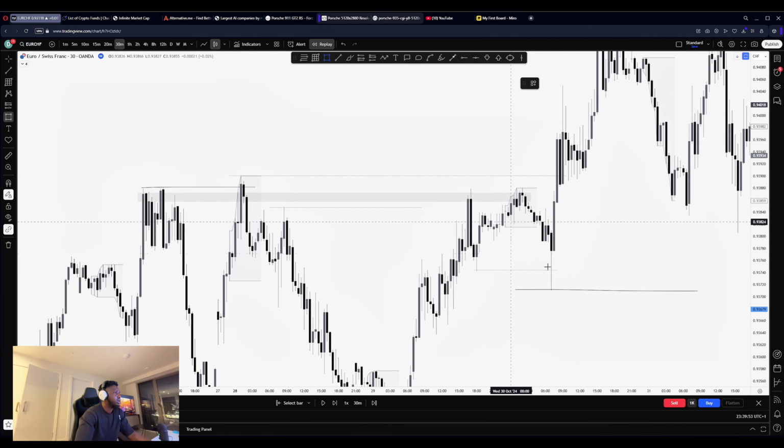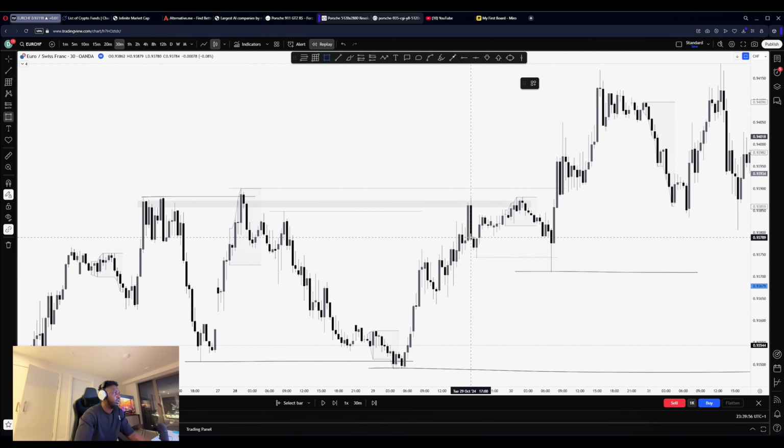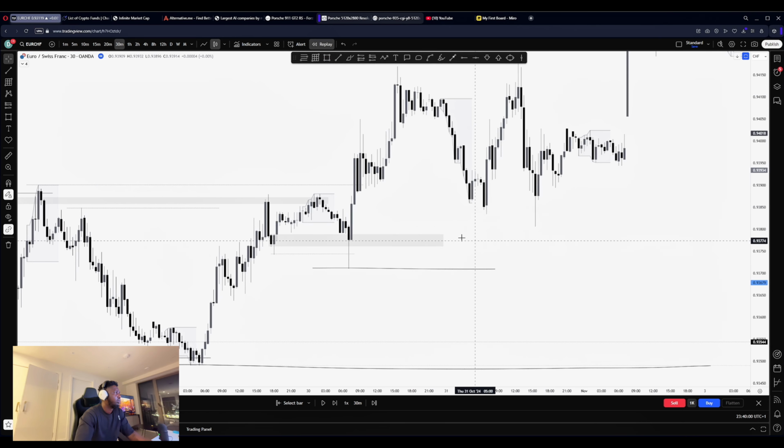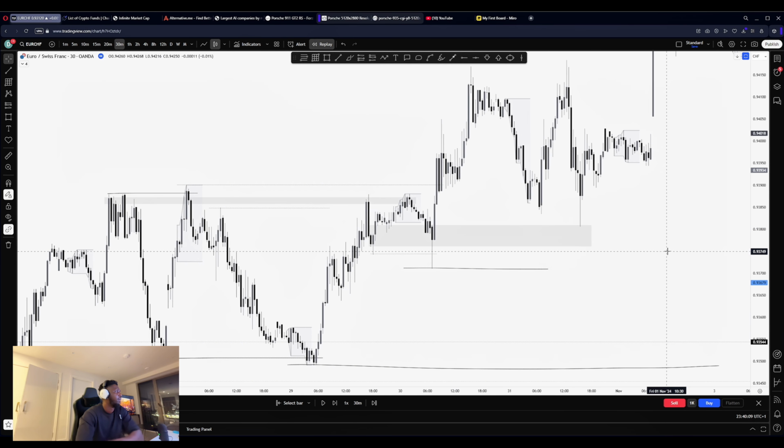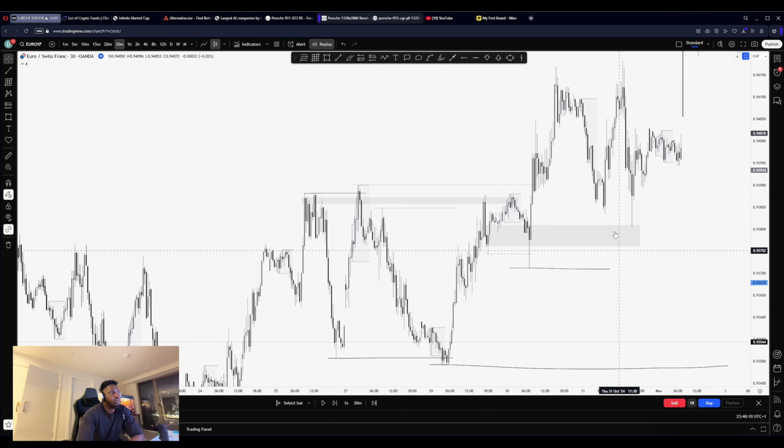and drawing our order block from our sweep, we have this order block. I decided to use this full candle order block here.